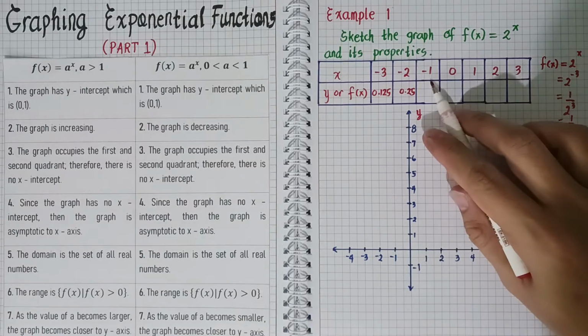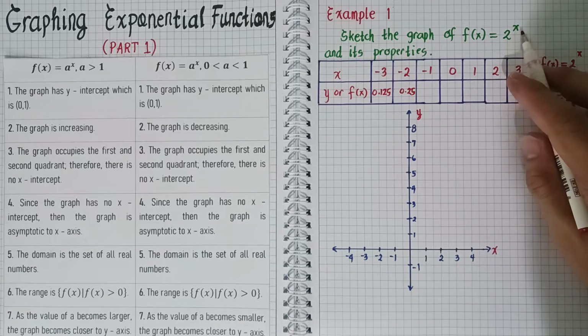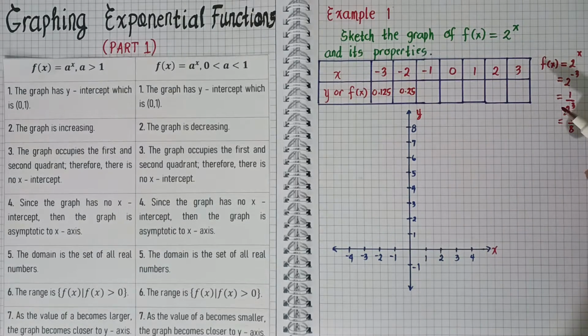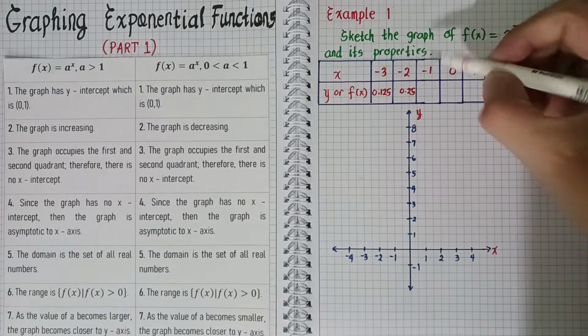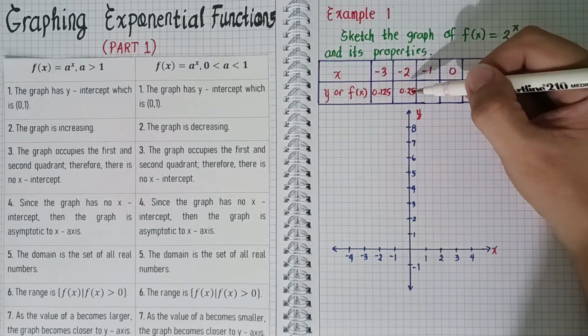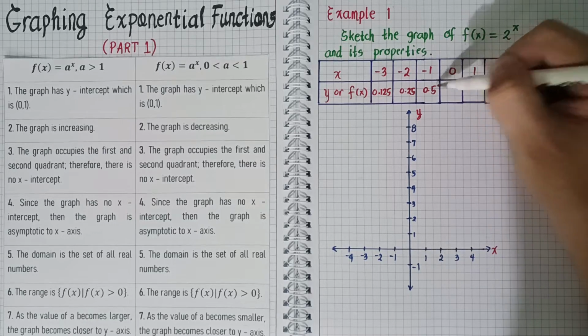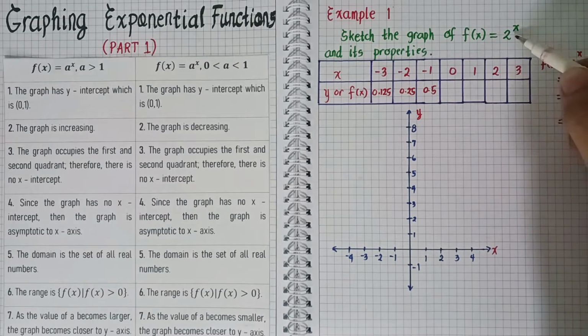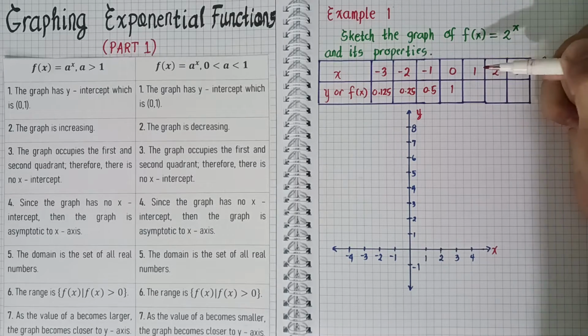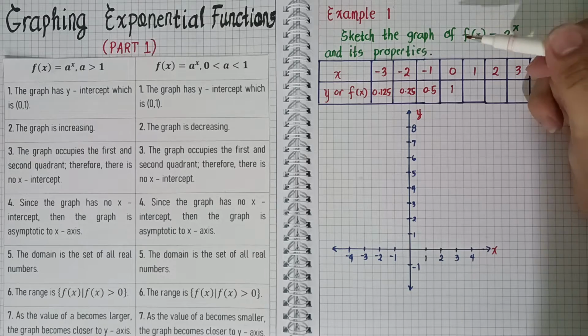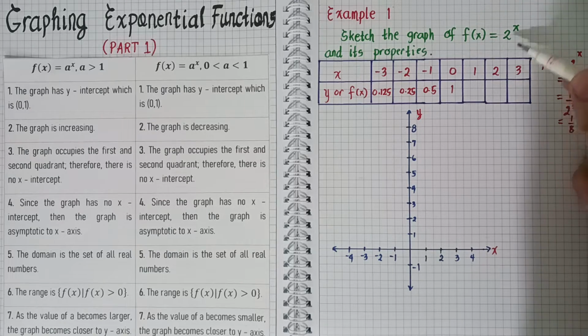And then, when x is equal to negative 1, so 2 raised to negative 1, that is equal to 1/2. Very good. So, 1/2 in decimal, that is equal to 0.5. Okay. So, when x equals 0, 2 raised to 0 power, that is equal to positive 1, right? So, any number raised to 0 power is always 1.